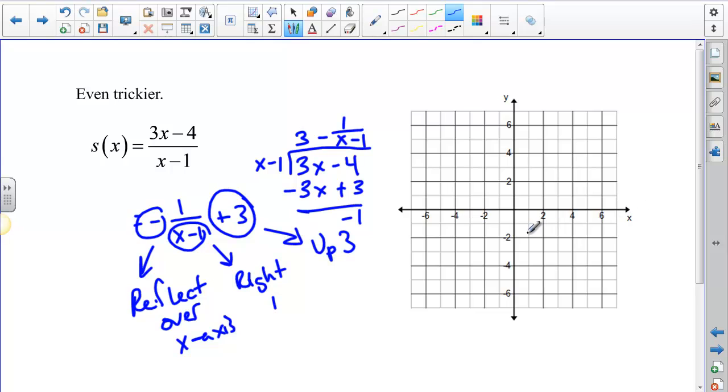So my asymptotes are going to be at x equals 1, y equals 3. Now instead of having a branch here and here, we're going to have the branches up here like in the second and the fourth quadrants, and you can see how my sketches are getting a little bit sloppier, but you can look at the graph on your calculator and get some better points for those. So that's what happens when we have some transformations.